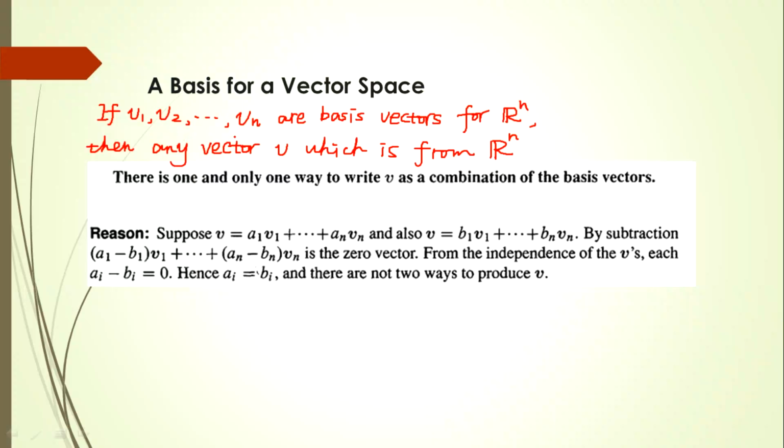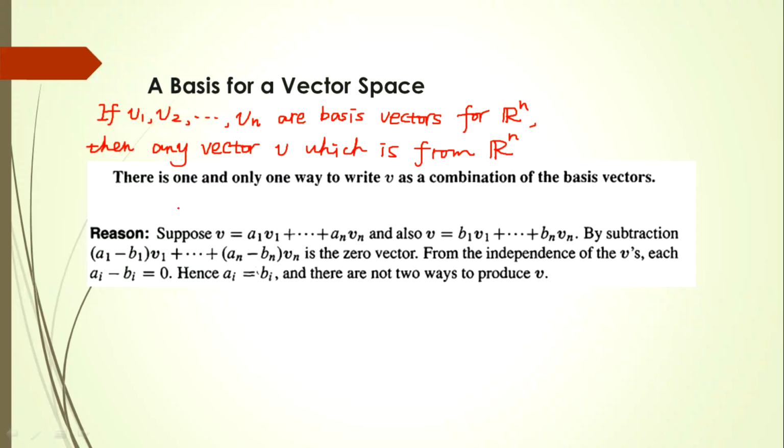And furthermore, there is only one way to express the vector v. Here, vector v is any vector from Rn. Then there is one and only one way to write v as the combination of the basis vectors. Now let's check the reason.